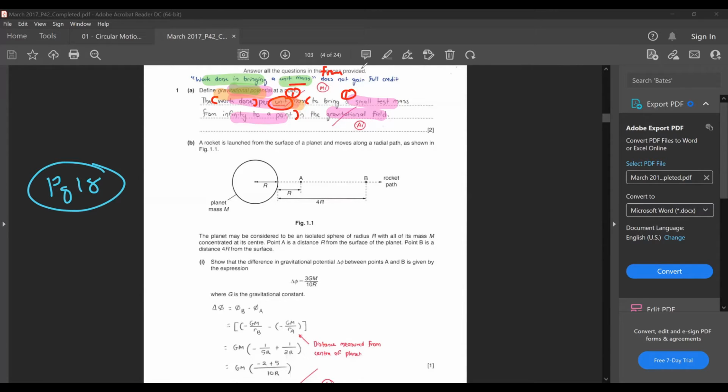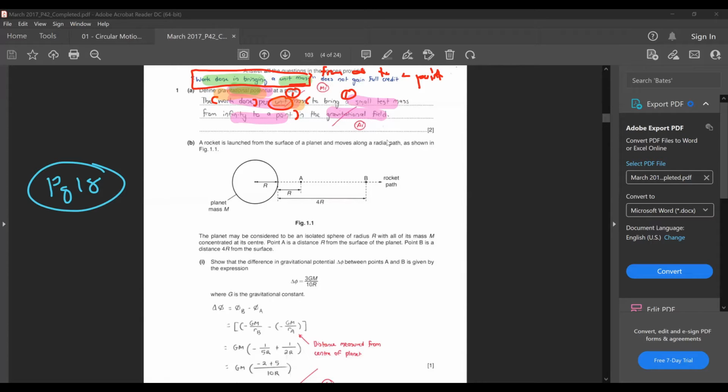Here I wrote work done in bringing a unit mass, which does not gain full credit, because their statement was just this. You had to write from infinity to a point, only then you get your full credit.